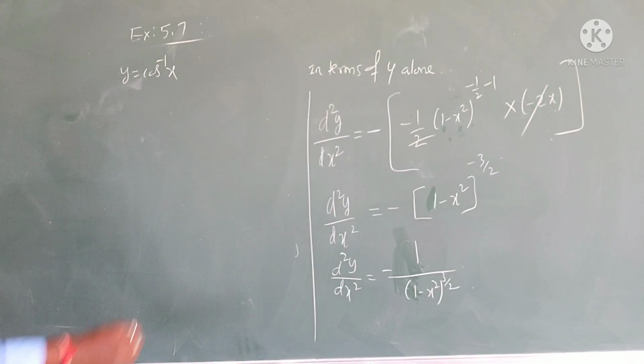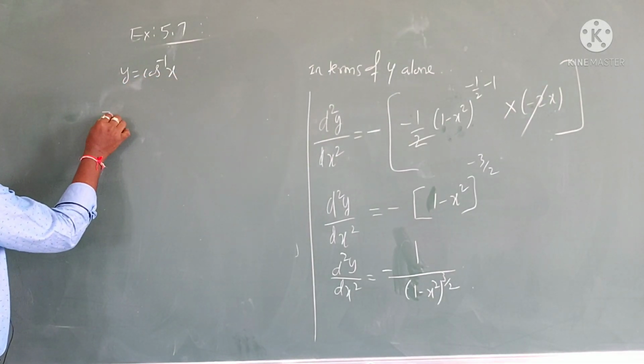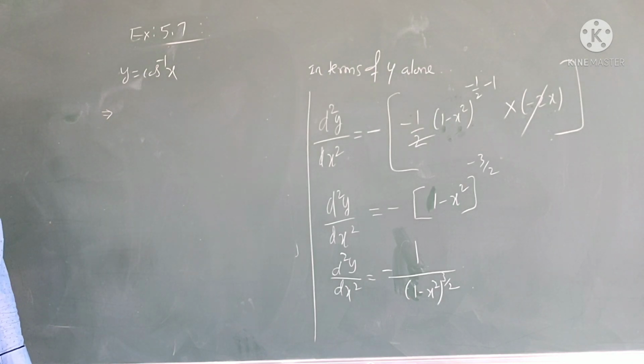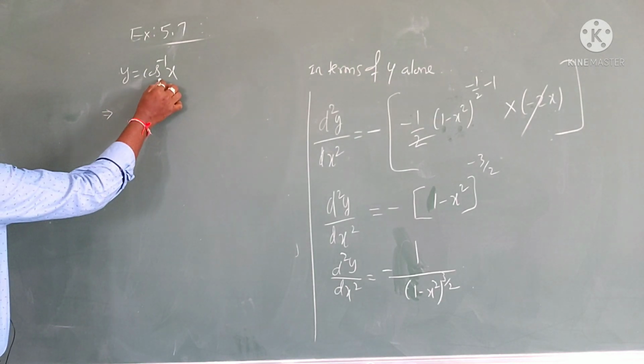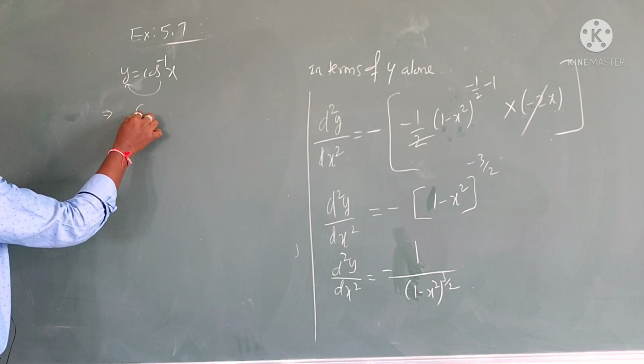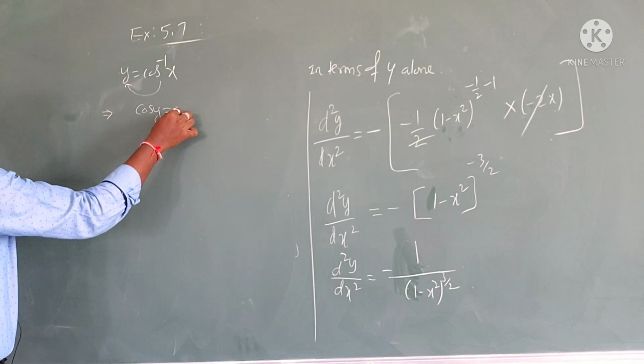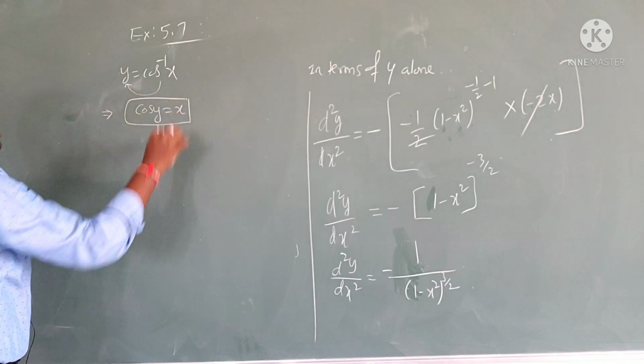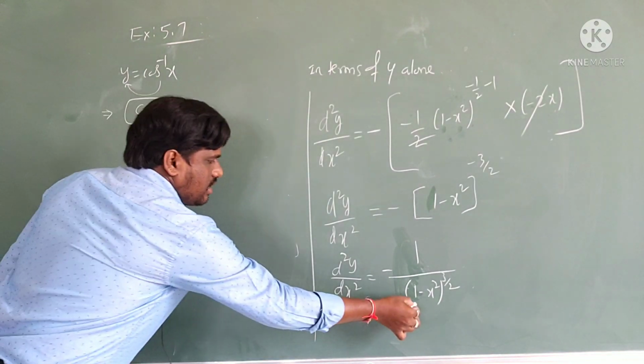See this. y is equal to cos inverse x can be written using inverse trigonometry. According to inverse trigonometry, cos inverse I can send this side. So what I get here, cos y is equal to x. So I got x is cos y. That can be replaced in this.